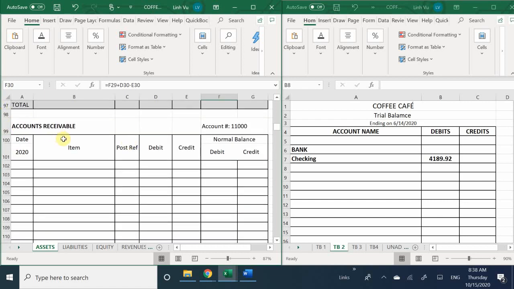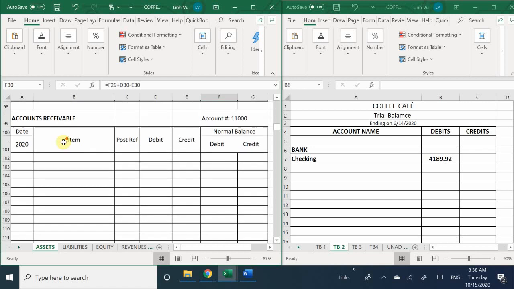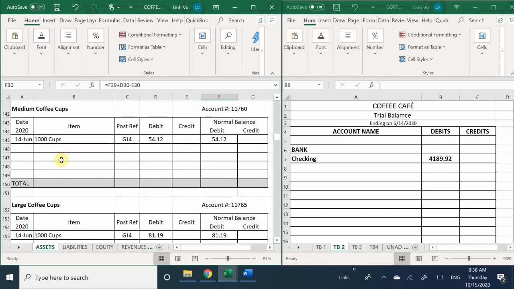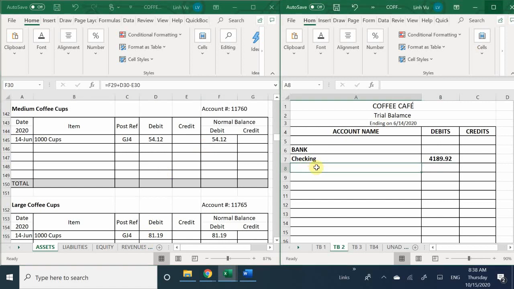Next one is accounts receivable. We haven't had any sales, so we can skip that. Next one is business supplies. Did we buy any business supplies? Yes, we did. We bought medium cups and large cups.